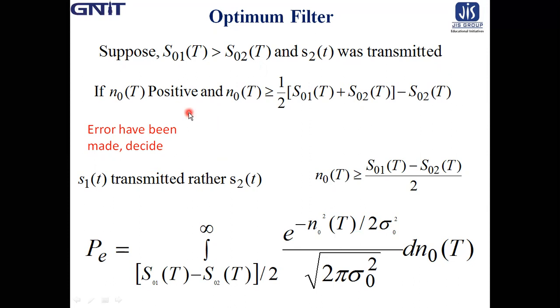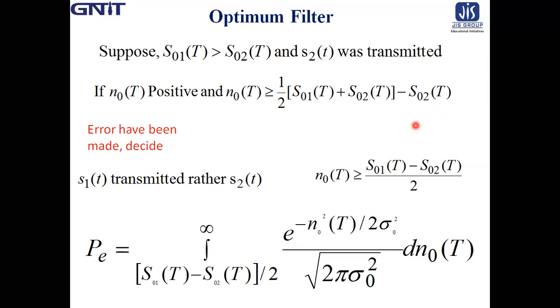If at the sampling time, the noise N0(t) is positive and larger in magnitude than the voltage difference half into (S01(t) plus S02(t)) minus S02(t), an error will have been made. That is, because we decide that S1(t) is transmitted rather than S2(t), an error has occurred.